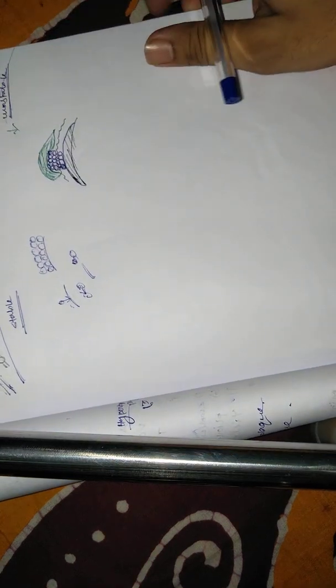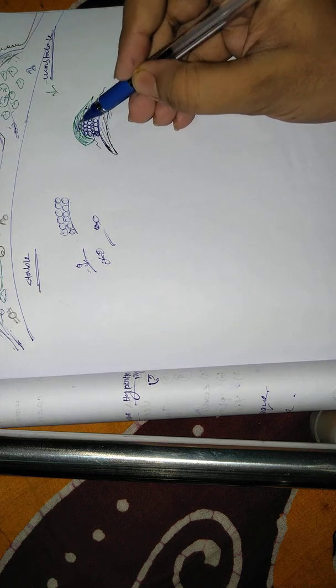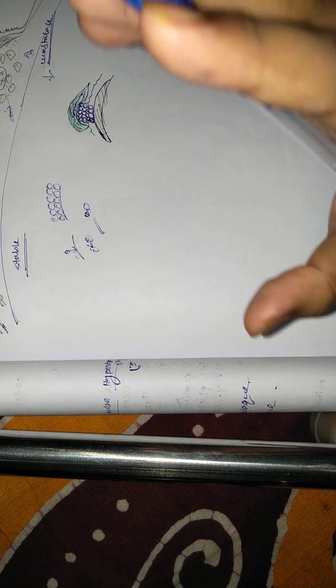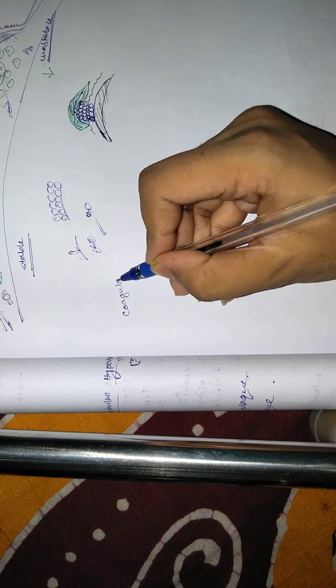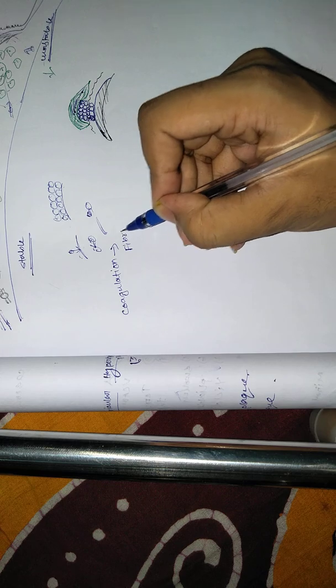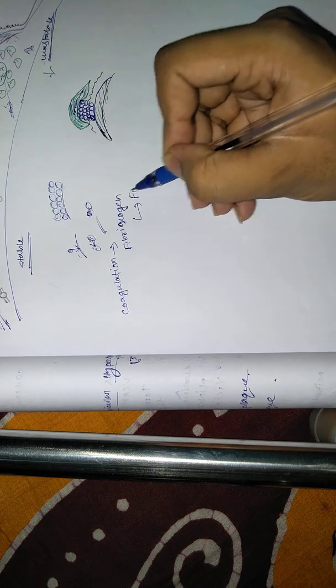Now one thing you should know: sometimes we might confuse aggregation and coagulation, right? When the term coagulation is said, that simply means fibrinogen is converted to fibrin.